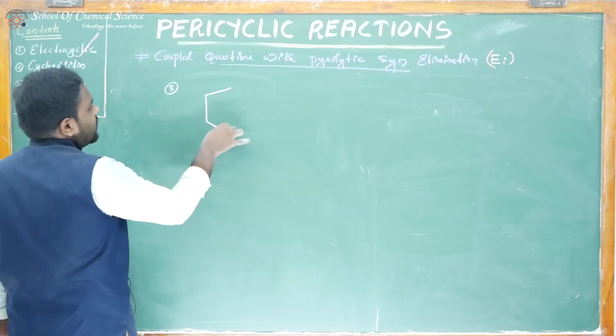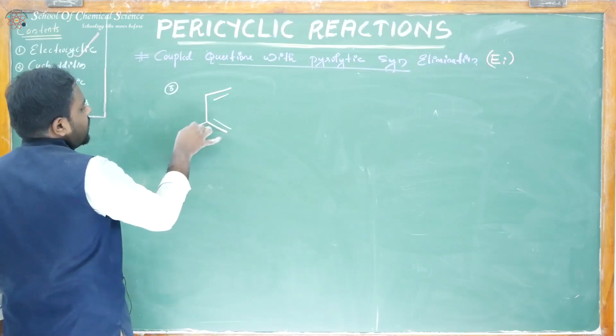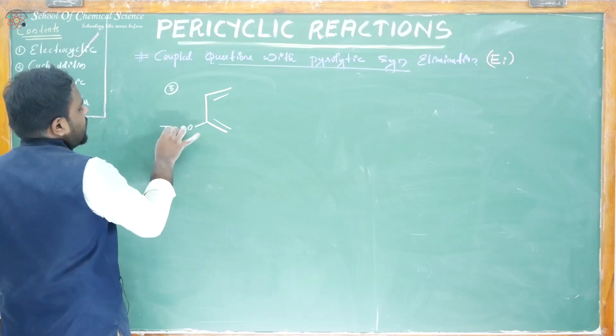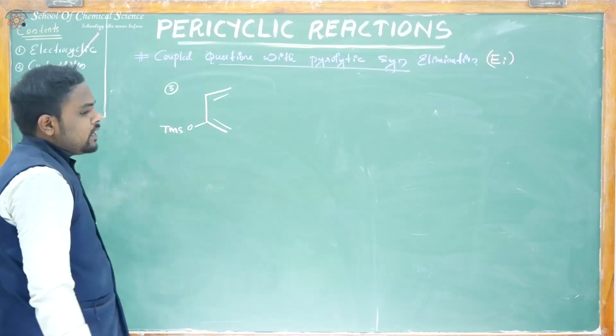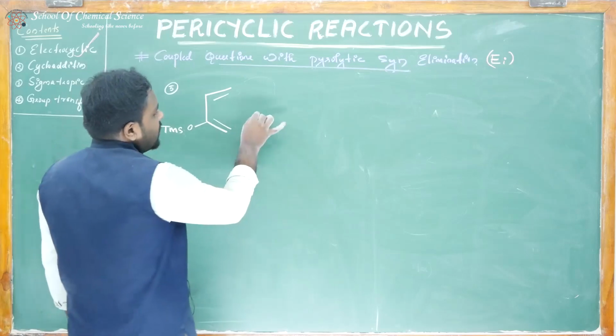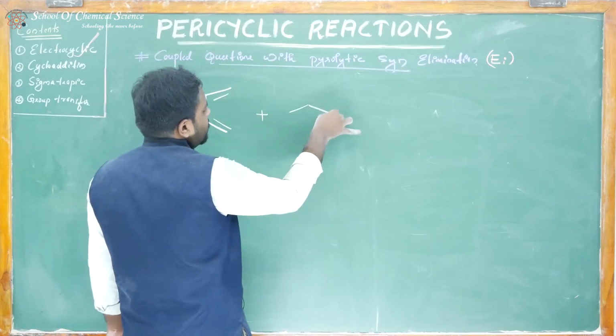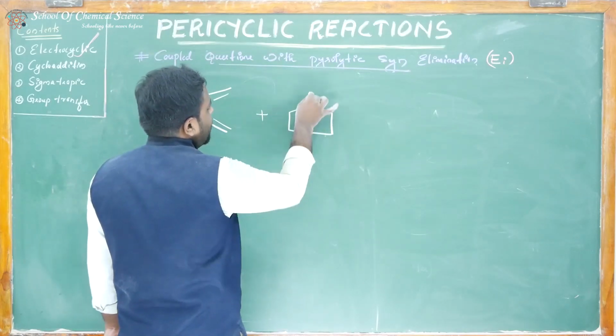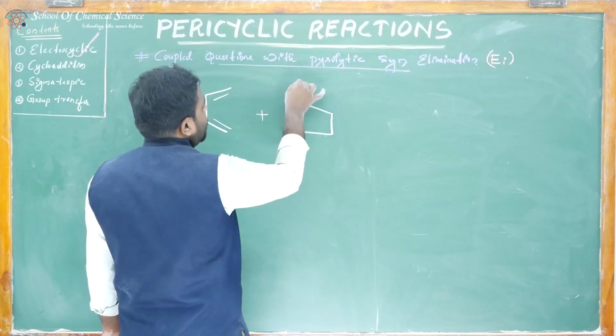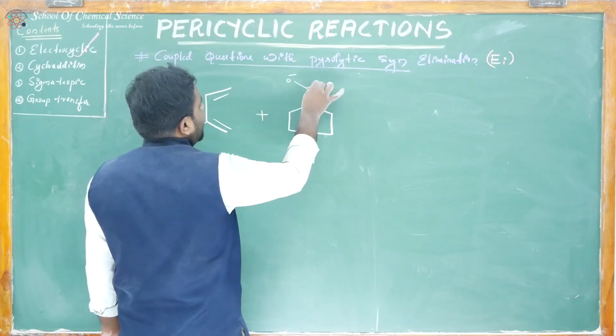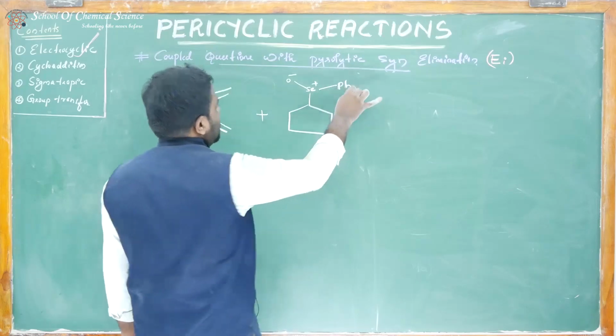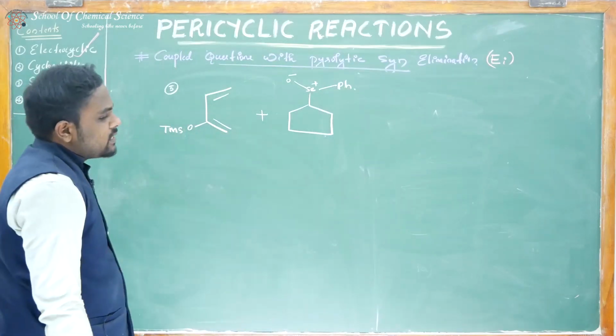A diene is there. Here an OTMS is given, plus a dienophile is not given. Instead, Se O minus Ph, a selenium oxide, is given.